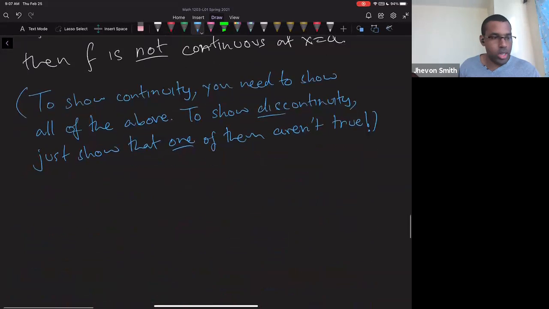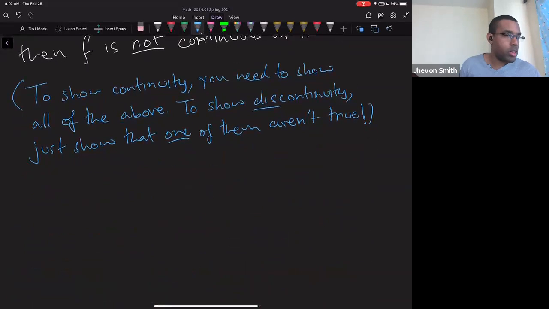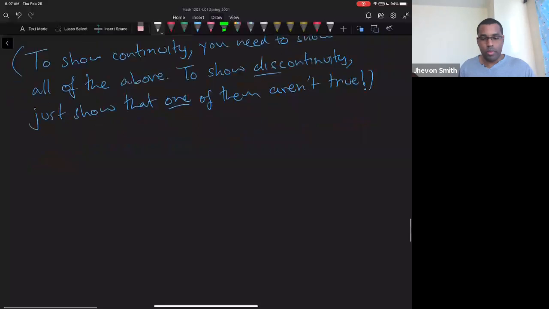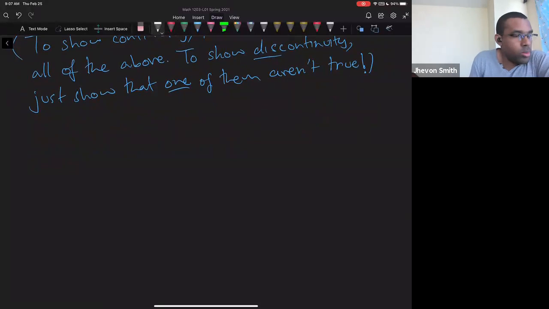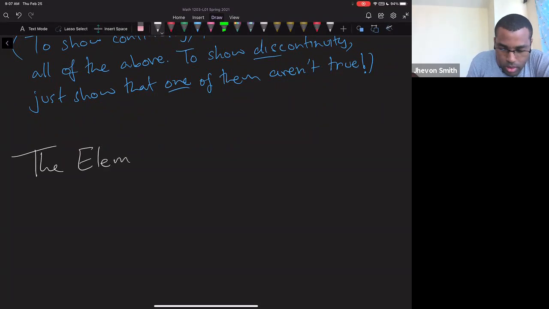Okay. Let's actually do some examples. Actually, maybe I should tell you something else first. So there are things I want to introduce, called the elementary continuous functions.